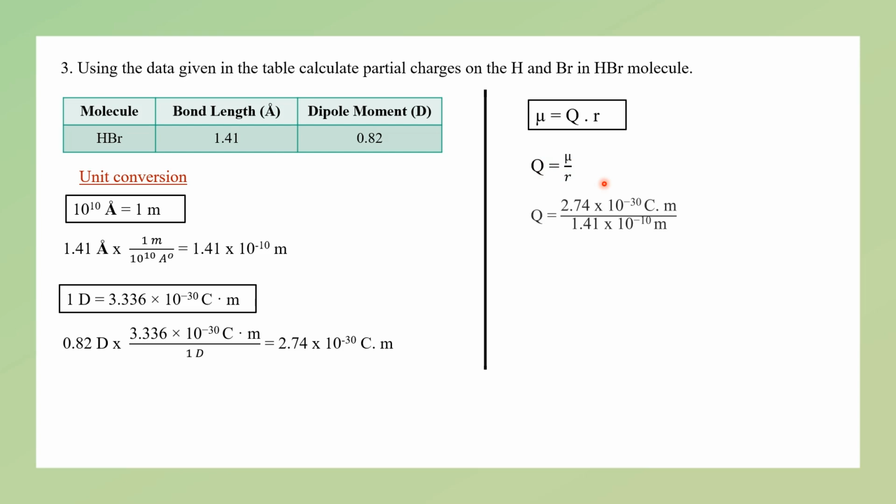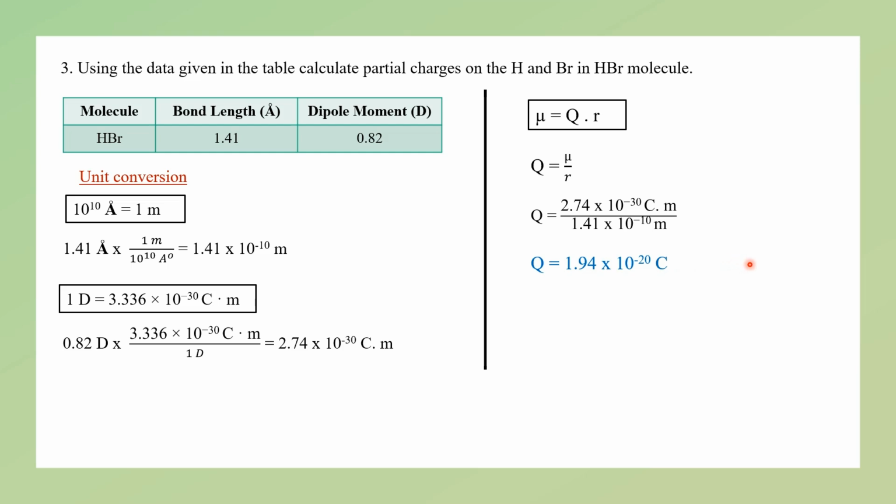The mu value, after we convert the units, is 2.74 times 10 to the negative 30 coulomb meter. And our R value is 1.41 times 10 to the negative 10 meters. After we solve this, Q is 1.94 times 10 to the negative 20 coulomb.